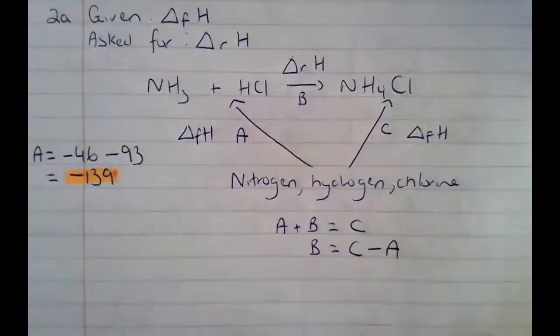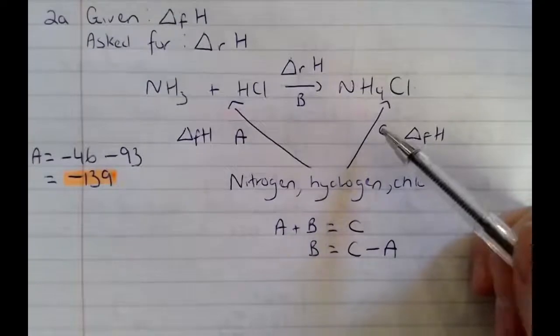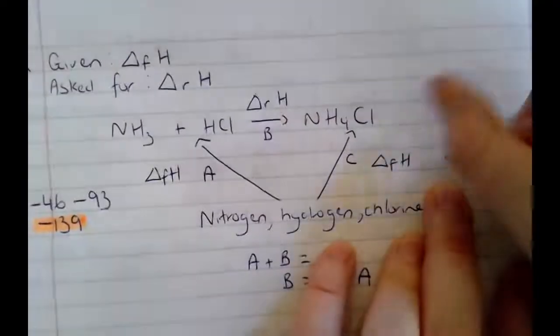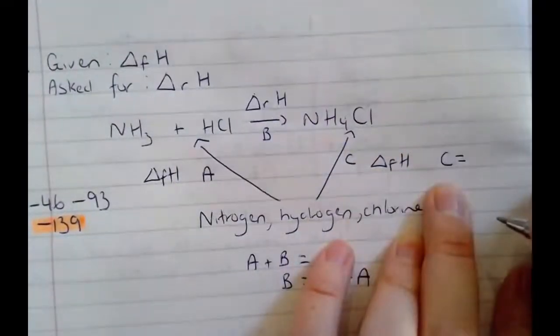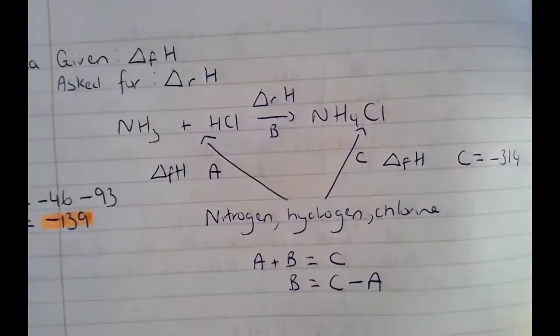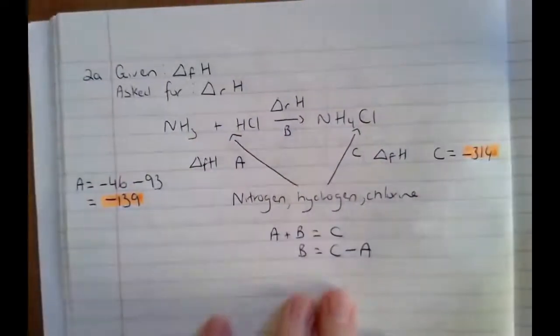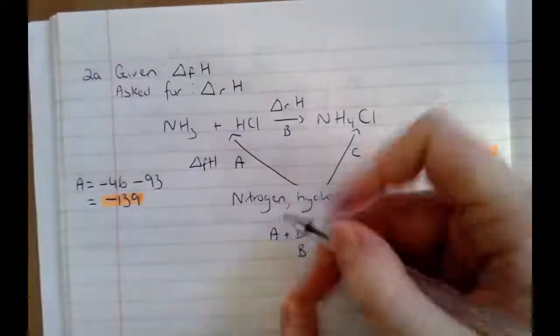I then go over and I work out C. I've only got one molecule on the C side, and if I consult my table, I see that the value for NH4Cl is minus 314. So now I've got my value for C. It's B that I want to calculate. I know what C is, I know what A is, I just need to plug that into this equation.